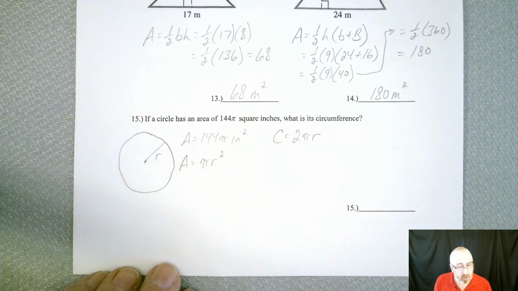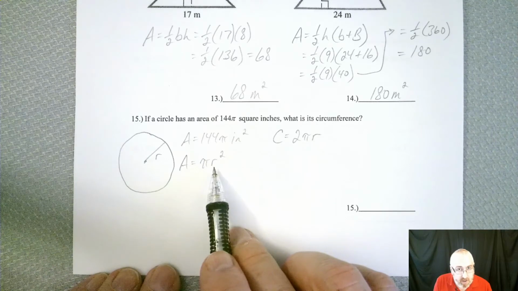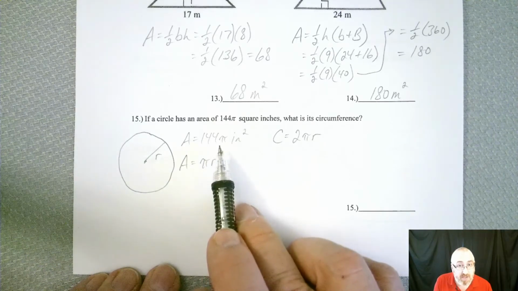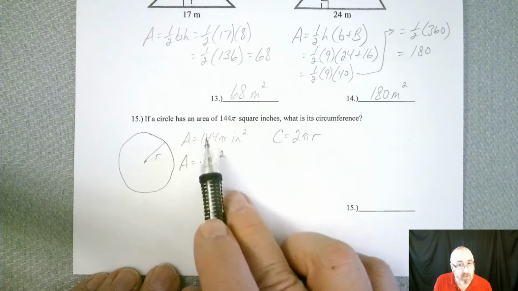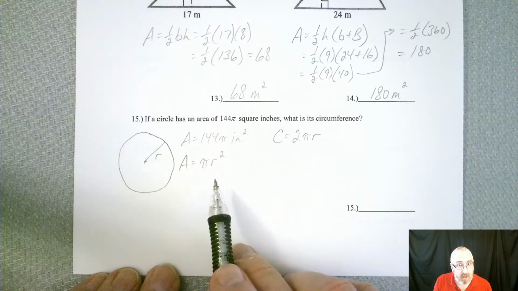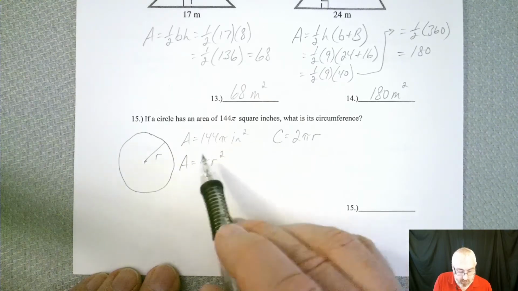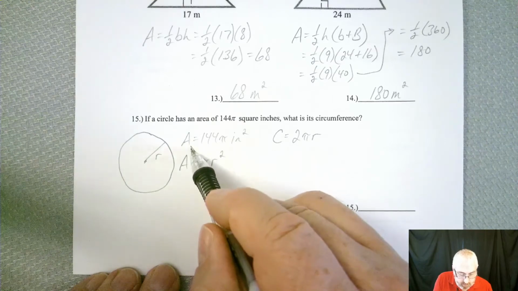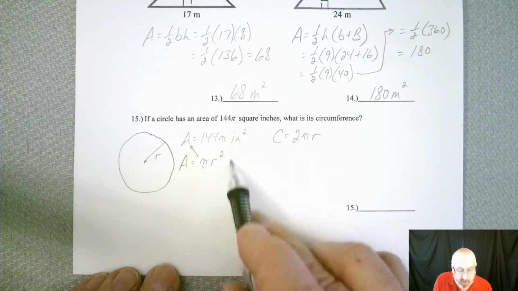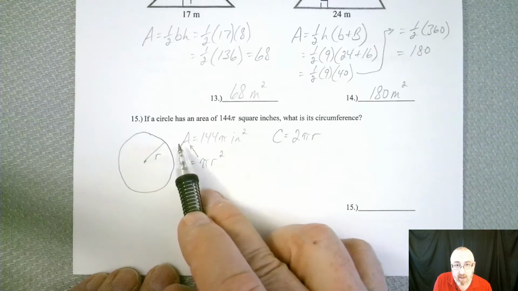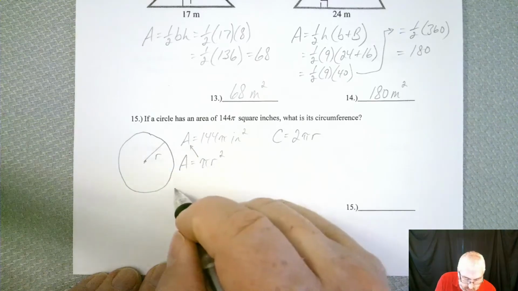So that helps us a little bit because, okay, we have a formula for the area of a circle. We have a specific area of the circle. So how can we merge these two together? Well, can we just substitute in for A? Substitute this pi r squared in for A. Let's see what happens.